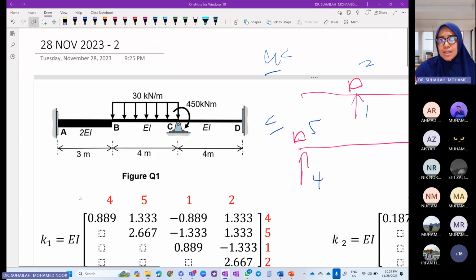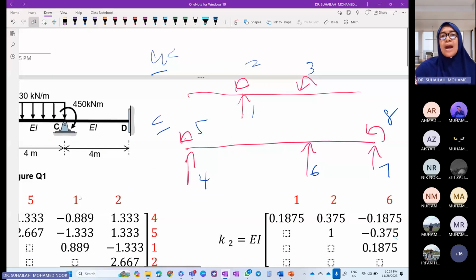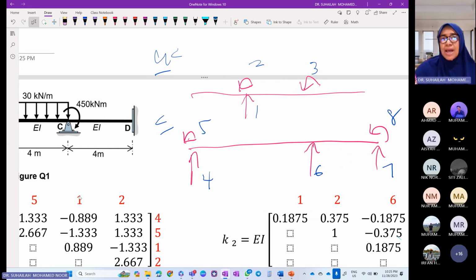Because there are 3 degrees of freedom in the unconstrained structure, there are 3 unknown displacements. D1, D2, and D3. And you have to look at the component. 1, in terms of displacement, means vertical.